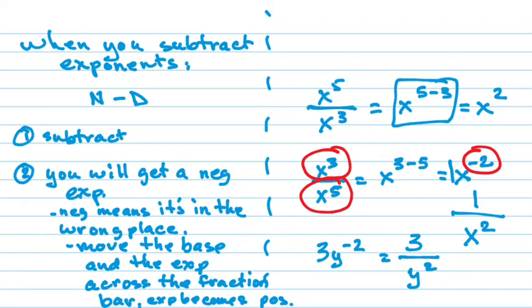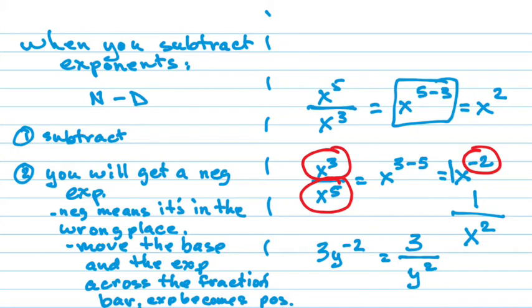Only the thing with the negative exponent moves. And of course, when you move it, it simply changes the sign, because it's where it's supposed to be. Make sense? And that can happen to you quite a lot when you're subtracting these. Anytime you subtract a big number from a small number, you're going to get a negative, so you're going to have to fix it. Okay?